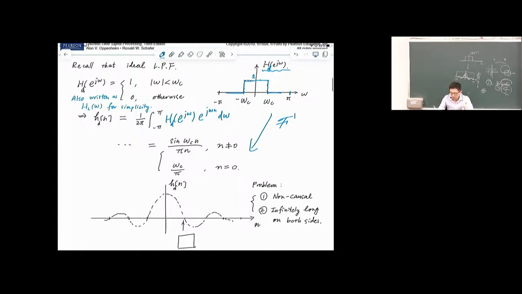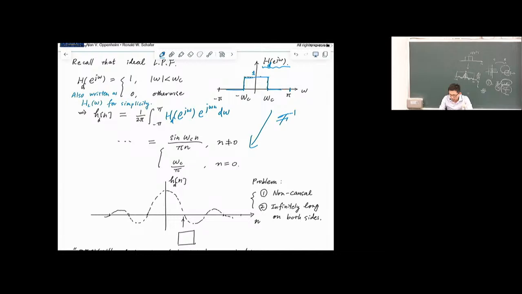The result is the sinc function for non-zero n. We need to be careful that this sinc function, strictly speaking, cannot be evaluated at n equals 0. So for n equals 0, it approaches this value.